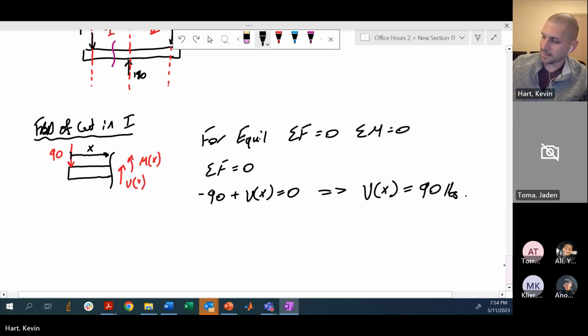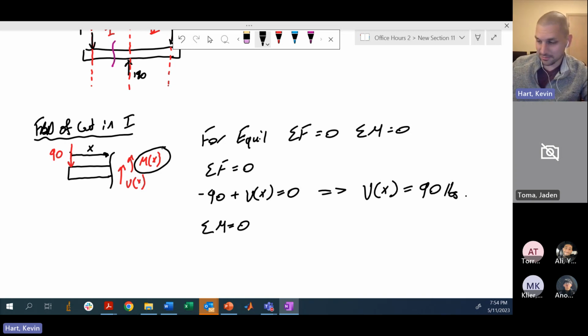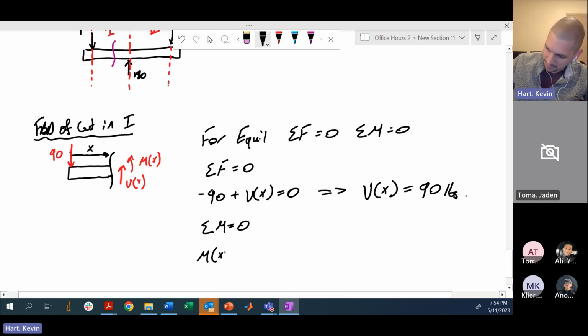Okay. Now let's look at the moments in this portion. If we want the moments equal to 0, we have this moment that is our moment of interest. If I'm standing at this location, let's call this point O, and I'm taking my moments about point O, then the only other thing that's going to contribute to that moment is this 90 pounds.